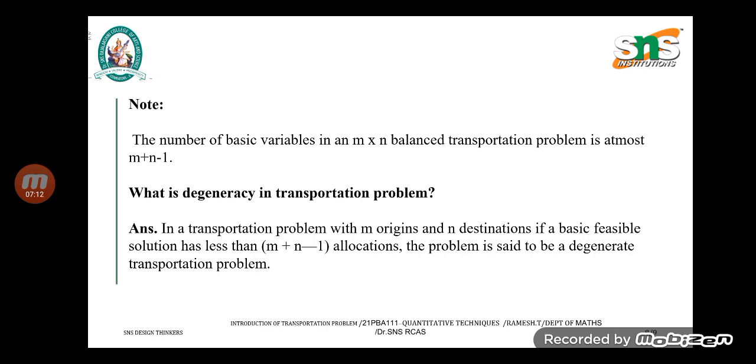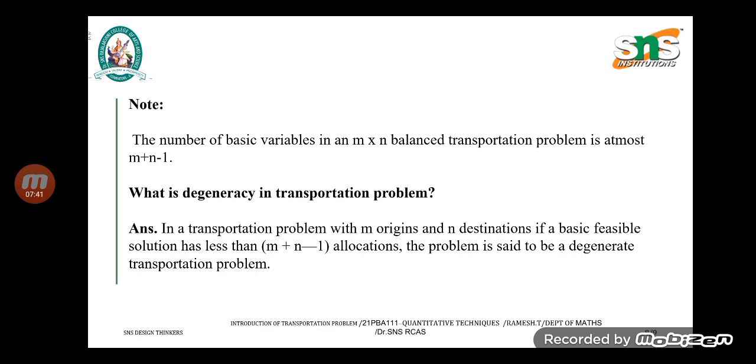Suppose the given transportation problem becomes degenerate. How do we resolve a degenerate problem? So what is a degenerate problem? In a transportation problem with m origins and n destinations, if a basic feasible solution has fewer than m plus n minus 1 allocations, then the problem is said to be a degenerate transportation problem.